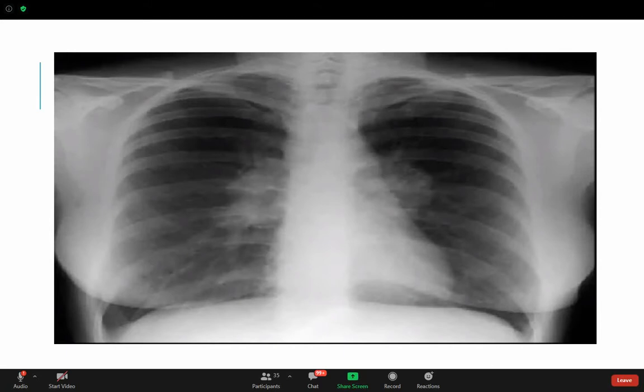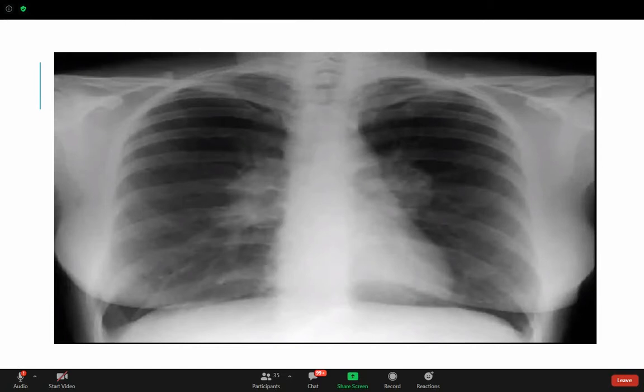Which side do you see an abnormality? Bilateral. Good. Okay. So what are the differential diagnoses for this lady?